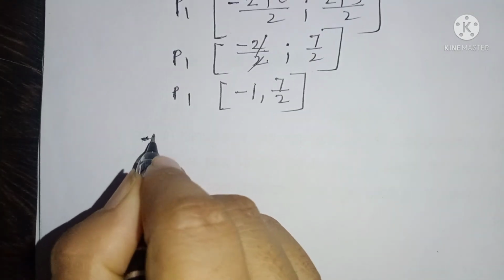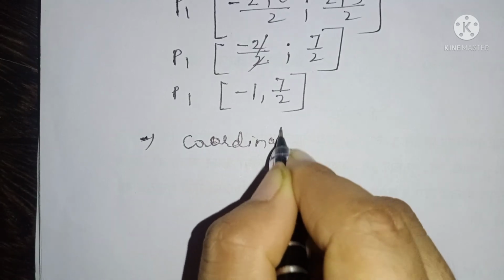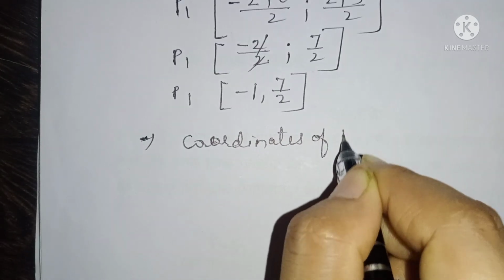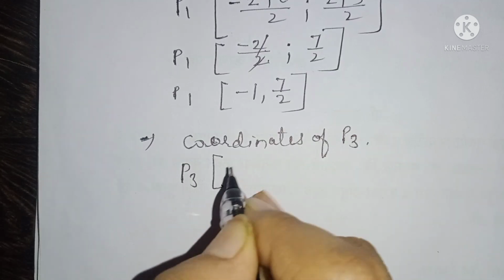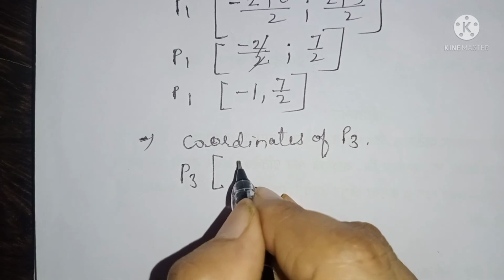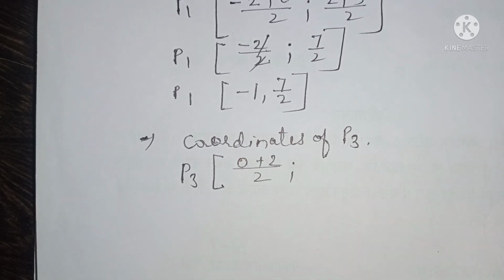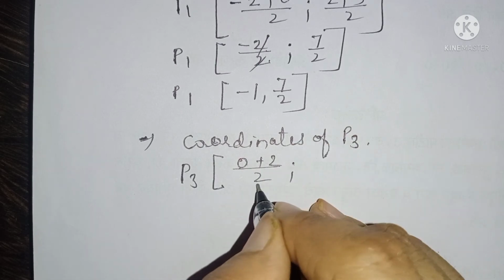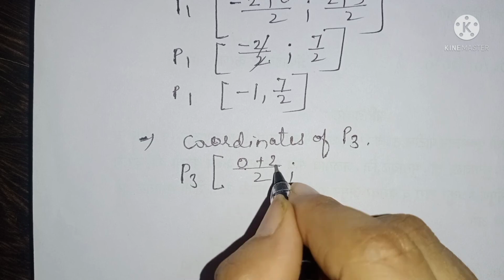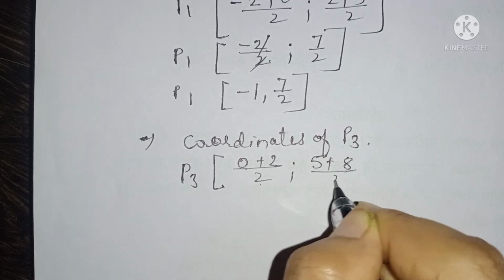Now let's find the coordinates of P3, by applying the midpoint formula. So for P3, x is 0 plus 2 upon 2, and y1 that is 5 and y2 that is 8 upon 2.